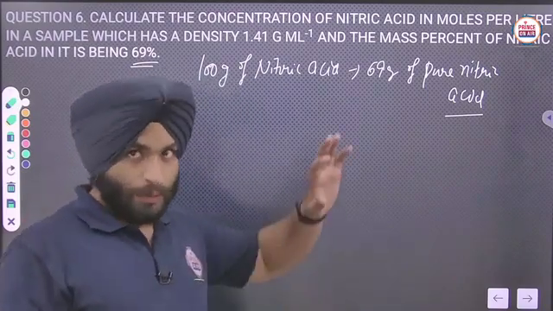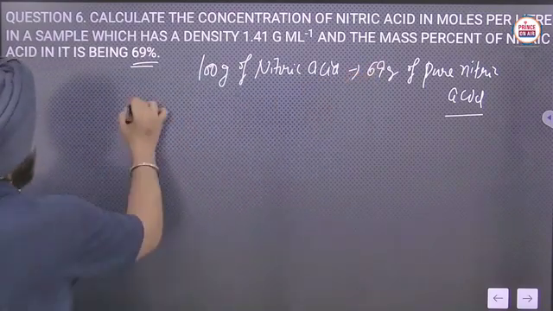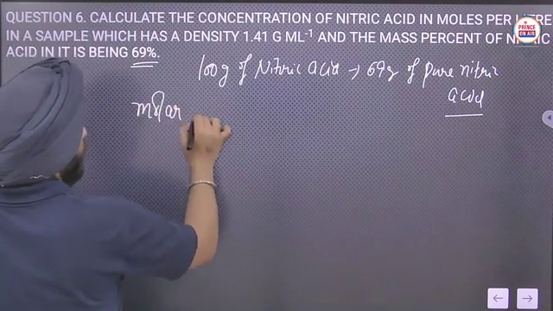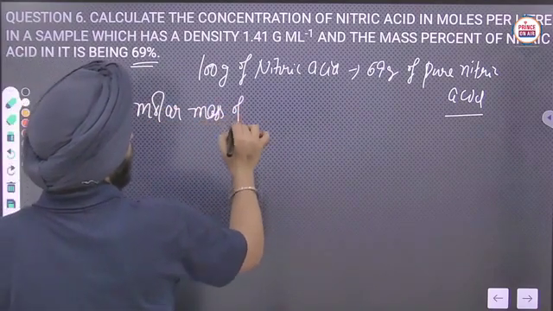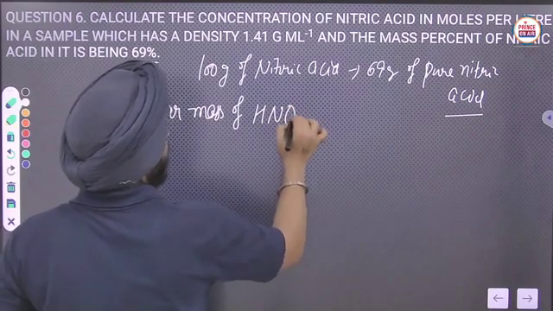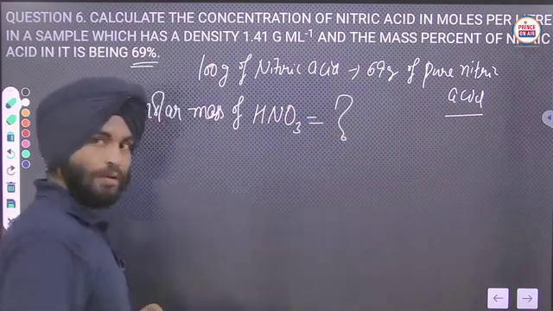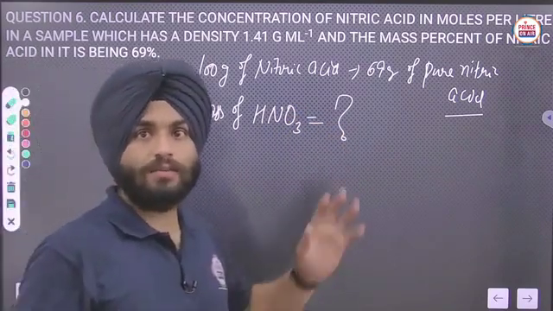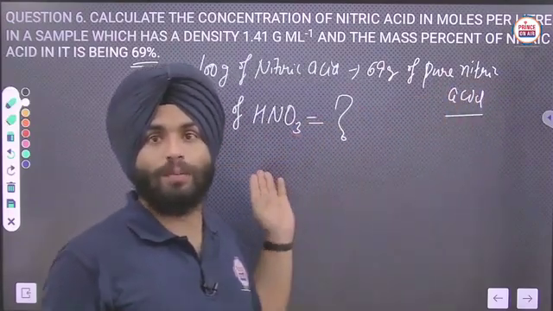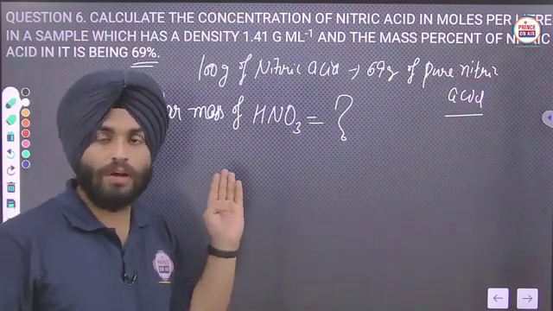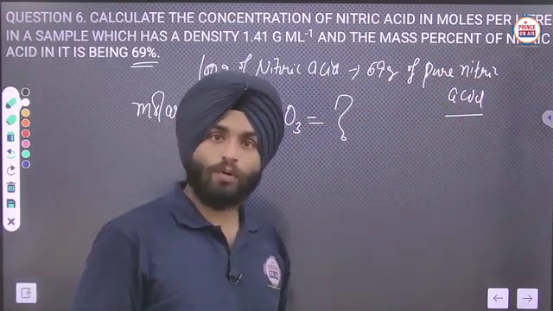So the mass we got; the molar mass we have to calculate. Molar mass of nitric acid, HNO3. Can you calculate this? Given mass is 69 gram, molar mass you can calculate from here, and in that way you can calculate the number of moles.